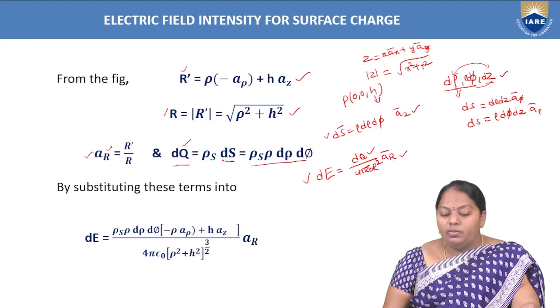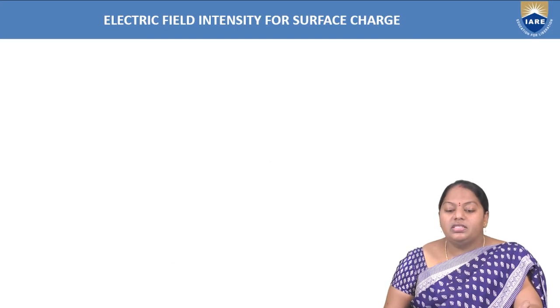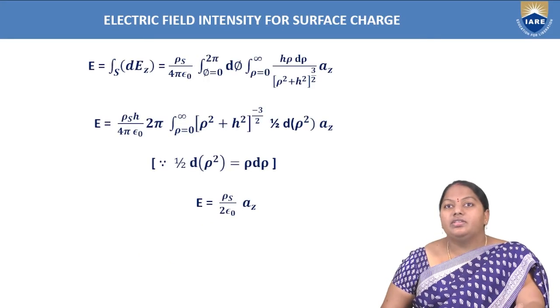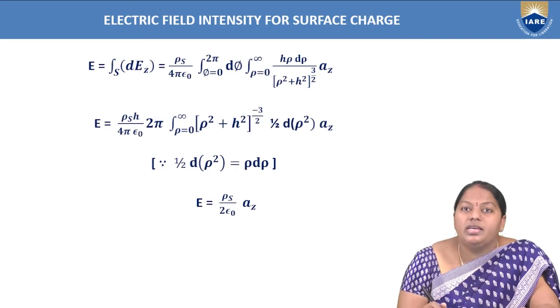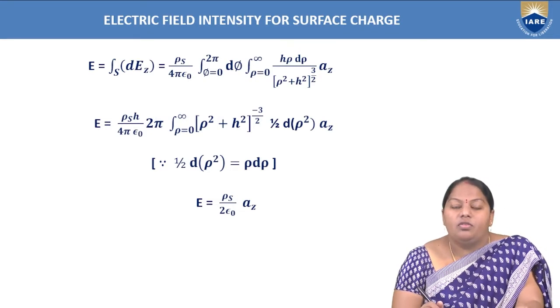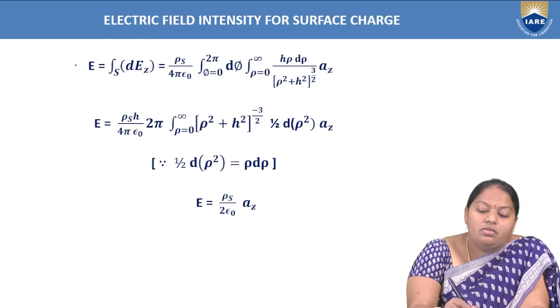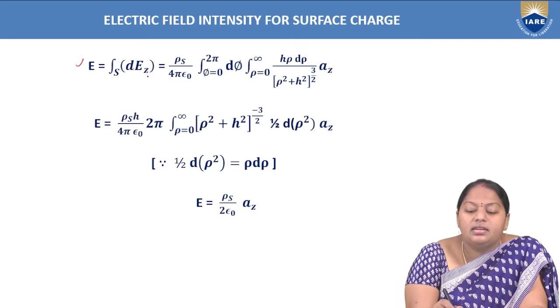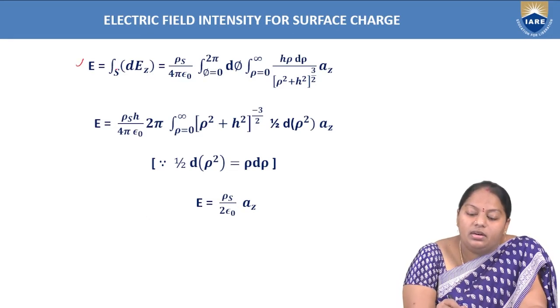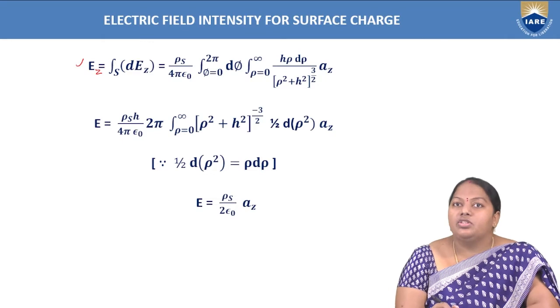So from this we will be evaluating the electric field intensity E along the z direction. Why? Because the field point P is located on the z axis. Hence E equals the integral of dEz. So here differentiation and integration cancel, and this becomes the electric field E in the z direction component.